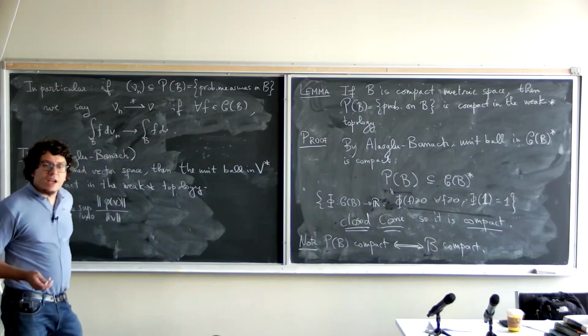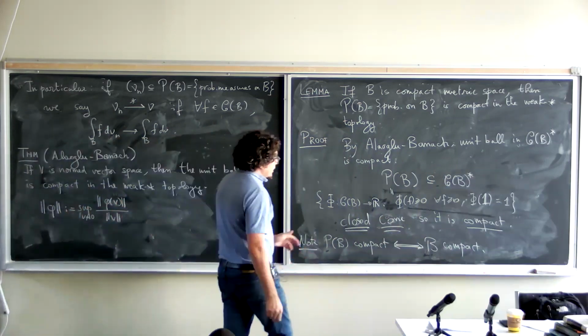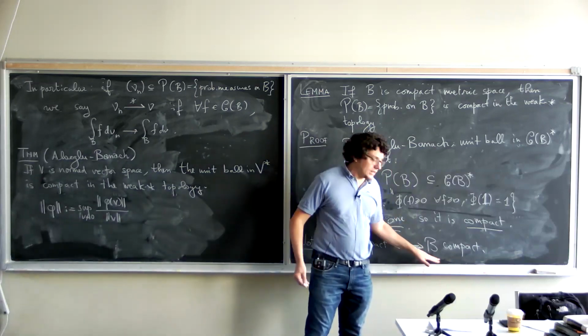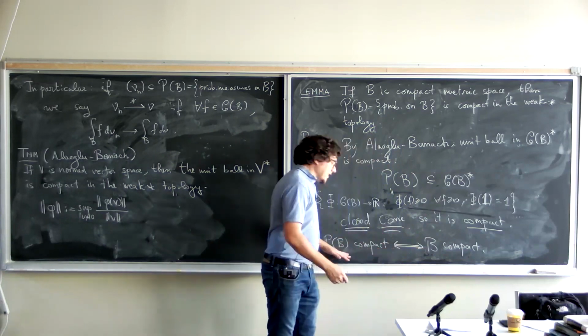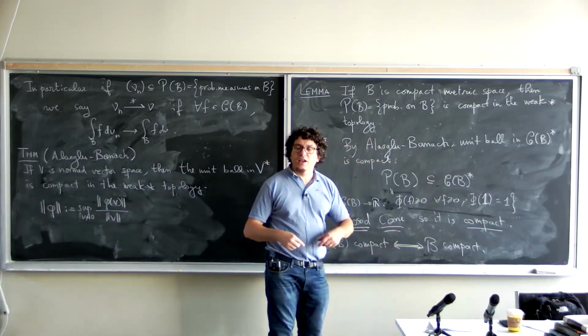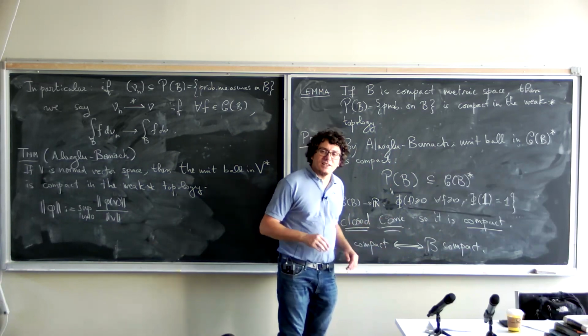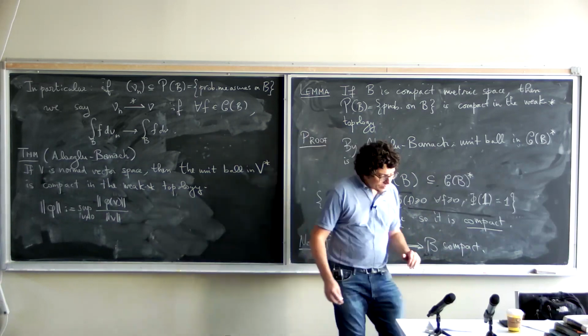Yeah, basically that's the idea. If you have a sequence of points that escapes, then you take the delta masses of those points, and those also escape. Exactly.